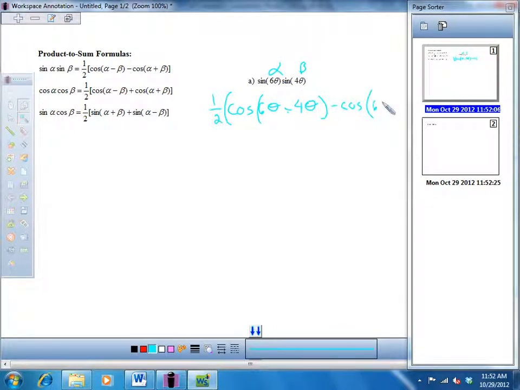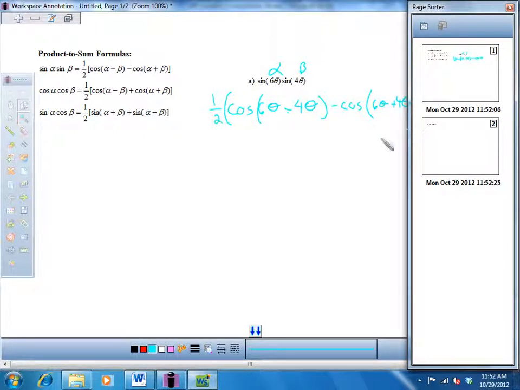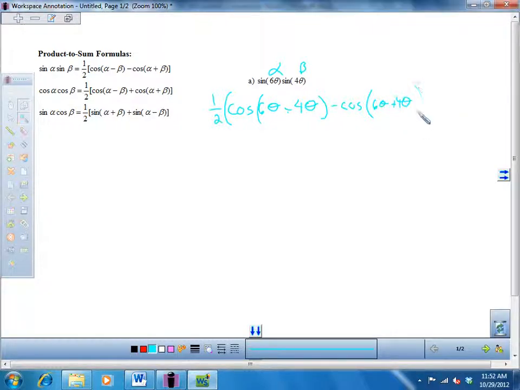So I get 6 theta plus 4 theta, and I close that parenthesis, and then I just simplify a little bit. 1/2 in parentheses cosine of 6 minus 4 is 2 theta minus cosine of 6 plus 4 is 10 theta, and then I'm done. That's it. That's all there is to it. No, you don't even plug that in.